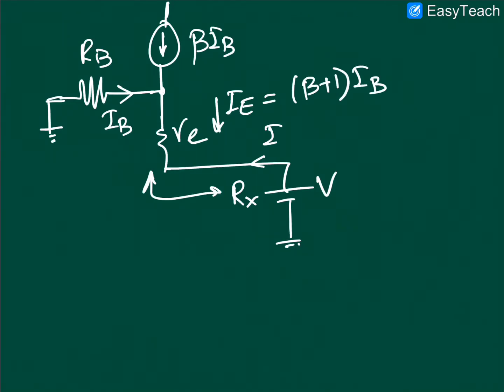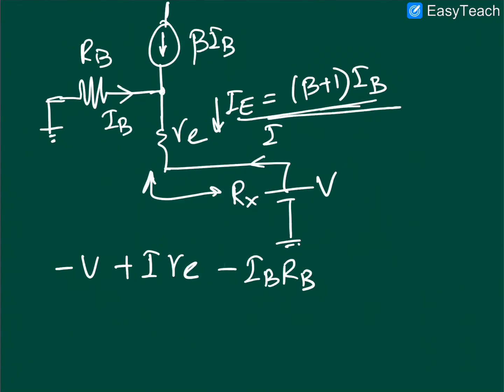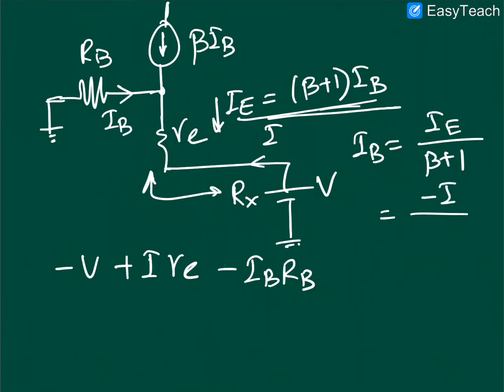Now apply KVL. So minus V plus I into RE, plus it will be minus IB RB. And we have IE as beta plus 1 IB, so you can write IB as IE divided by beta plus 1. IE is basically minus I, the current from this external voltage source.